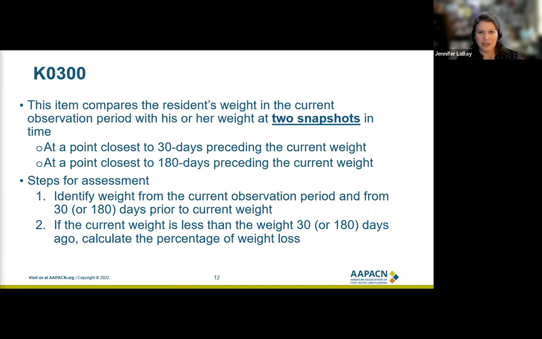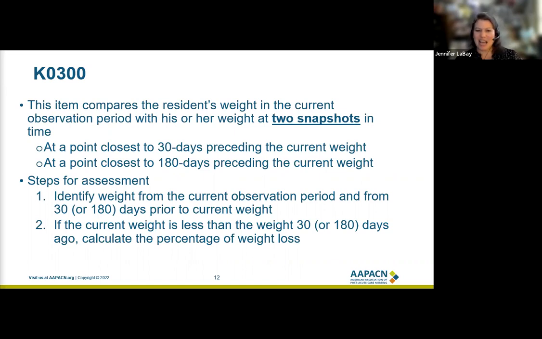So it's not 30 days from the ARD, it's 30 days from the date that that weight was obtained. So if that weight on your current assessment was obtained 29 days prior to the ARD, then your count for that 30-day look back is 30 days prior to that date, which is 29 days from the ARD. So it gets tricky. You really have to know the date of that weight.